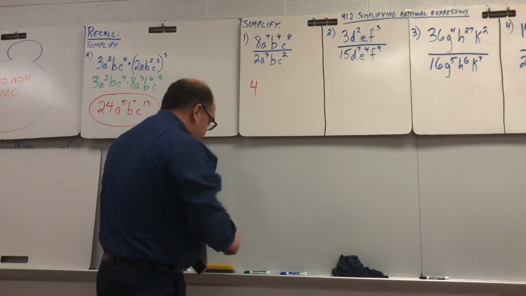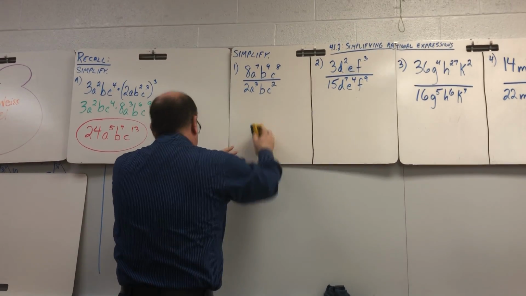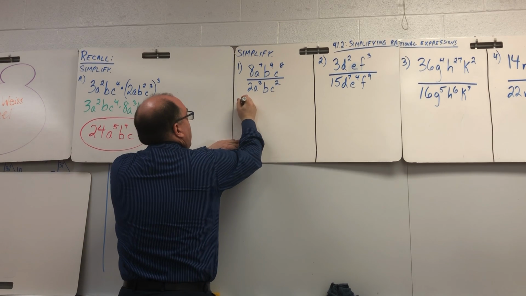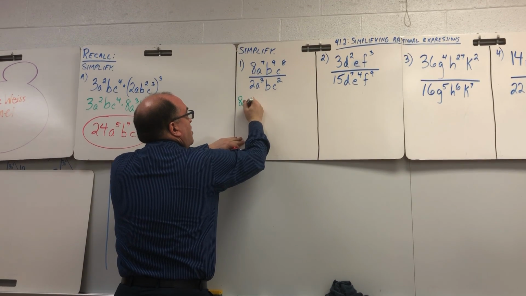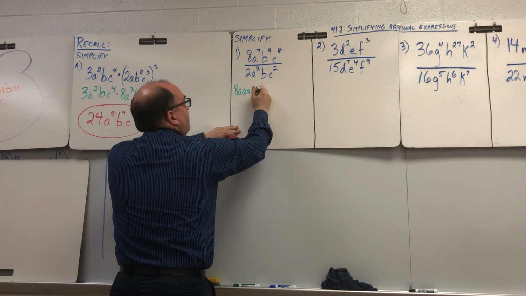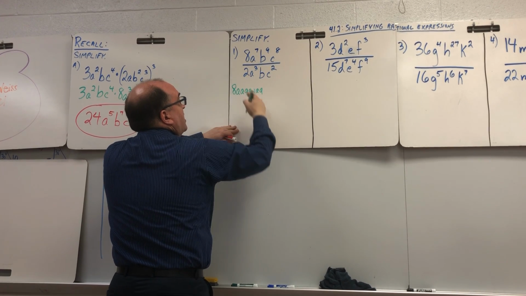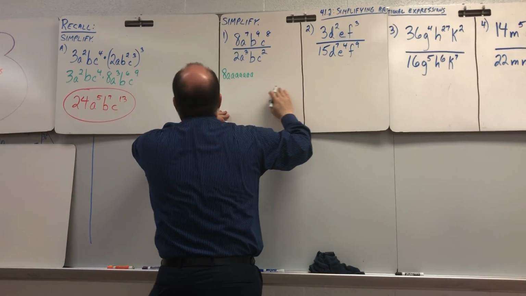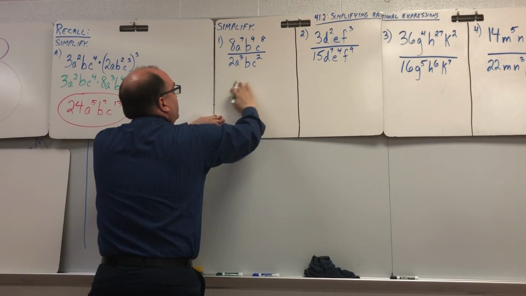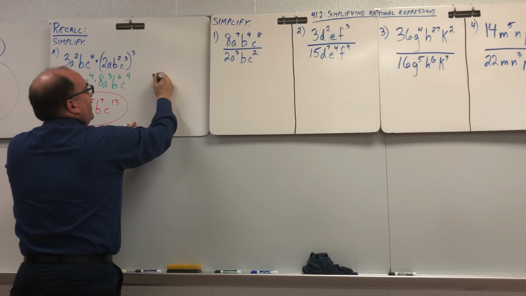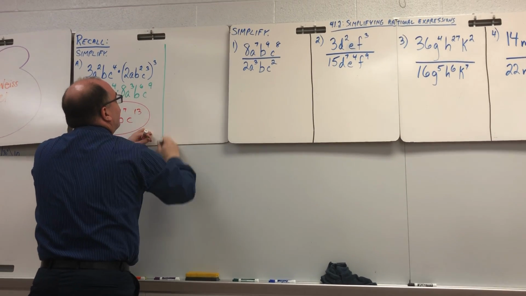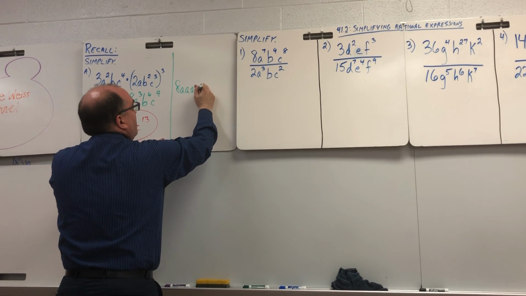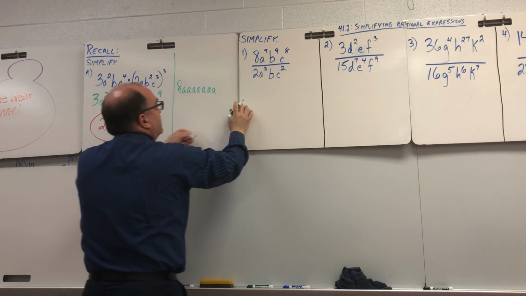In fact, let's do this one time. I'm going to do it over here. 8, a to the 7th is 1, 2, 3, 4, 5, 6, 7.